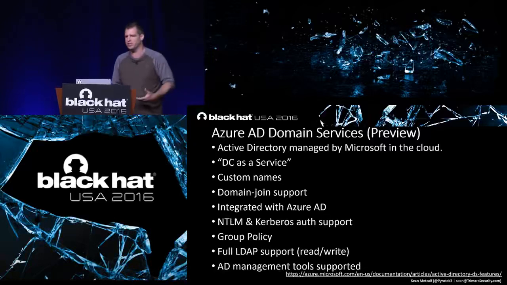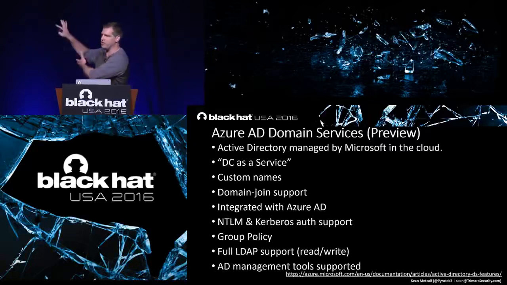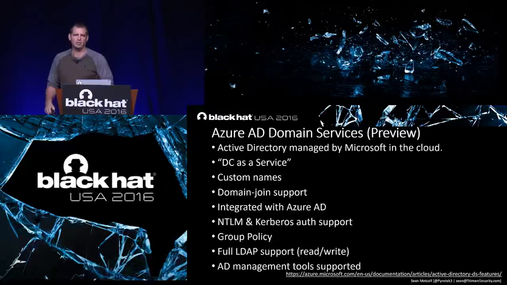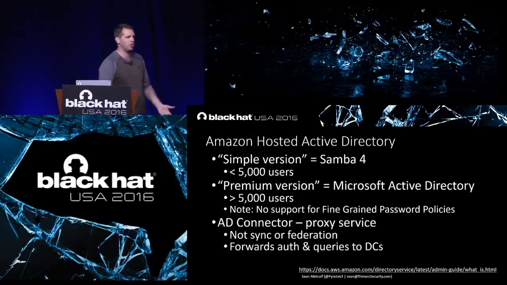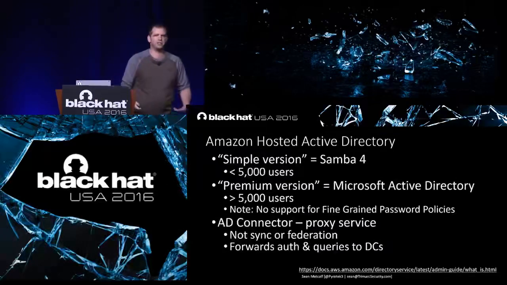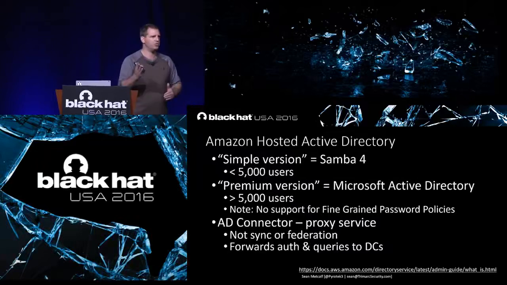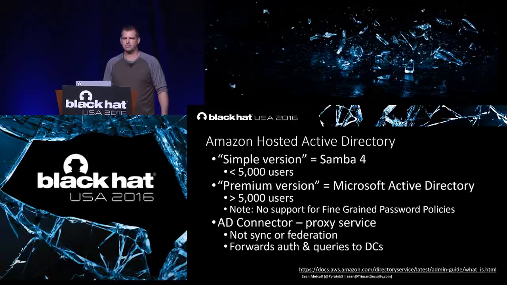There's a preview version, and Microsoft will manage Active Directory in Azure for you. DC as a service. If you're with Amazon, same thing. The simple version is Samba 4, and the premium version is Active Directory as we know it, with some caveats. Although there's no synchronization or federation for Amazon-hosted AD, it's a proxy service.